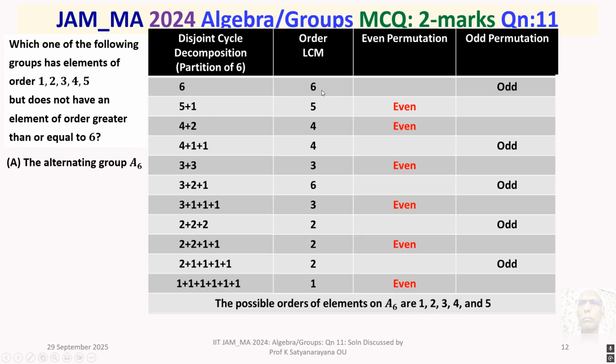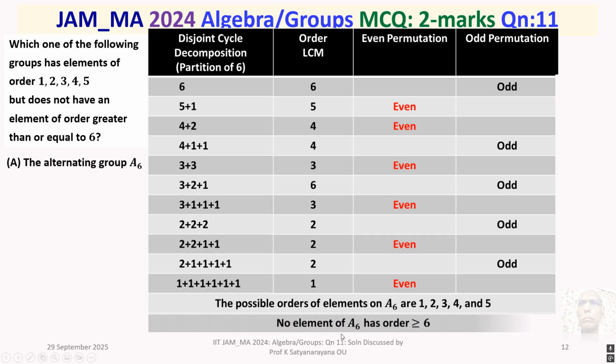Yes, it is there, but it is not an even permutation. So, no element of A6 has order 6 or greater than 6. Thus, all the conditions given in the problem are satisfied for A6.